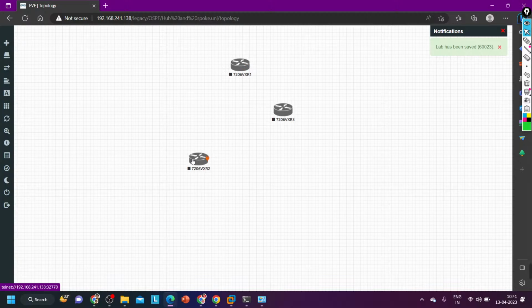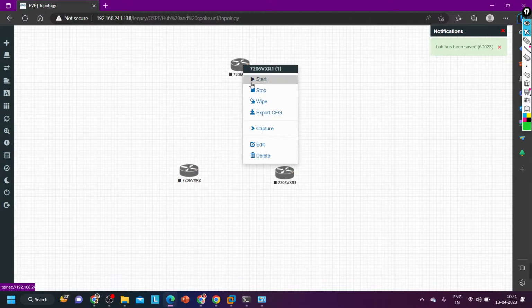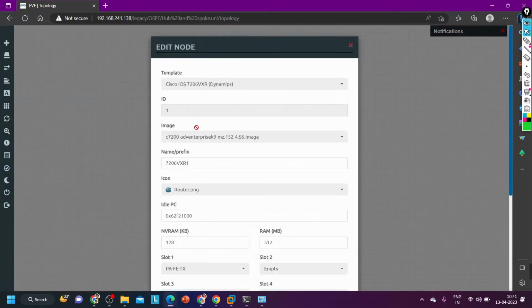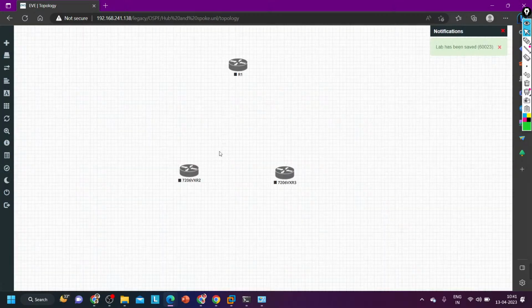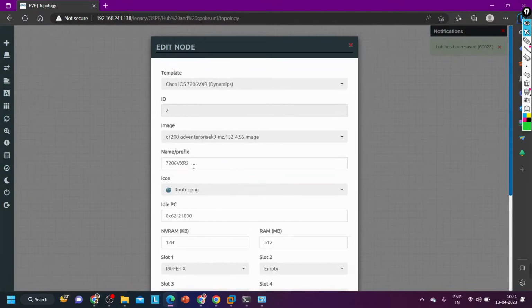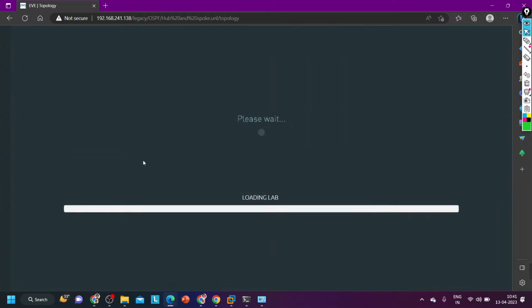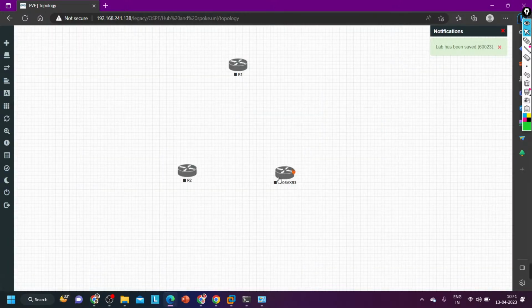R1, R2 and R3. Let me change the host name as well. And I am going to use one switch over here to connect these all router together. You can consider switch as ISP as well.